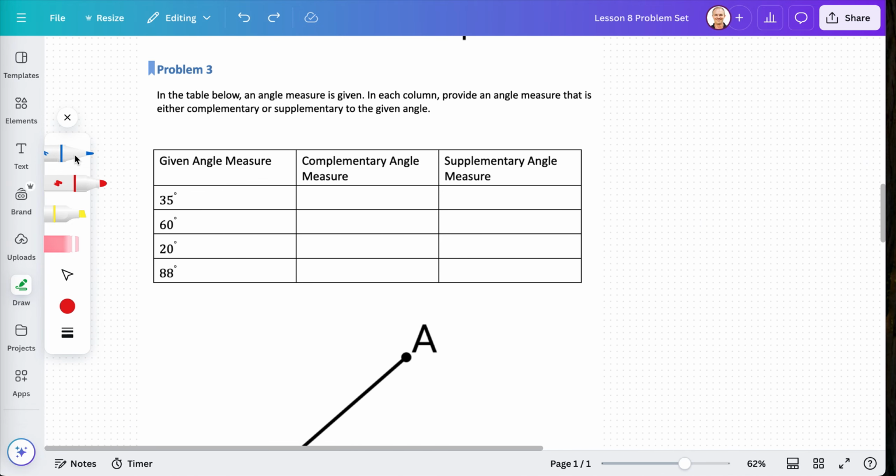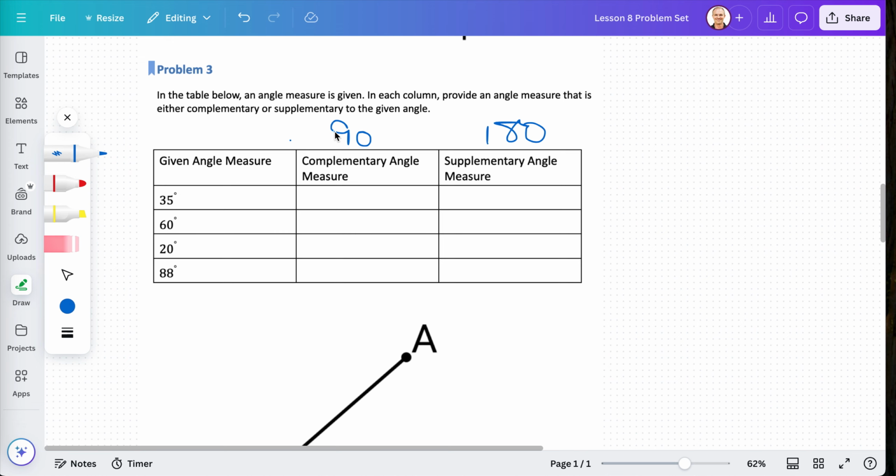Problem 3, in the table below, an angle measure is given. In each column, provide an angle measure that is either complementary or supplementary to the given angle. Okay, so again, complementary angles add up to 90 degrees. Supplementary add up to 180 degrees.